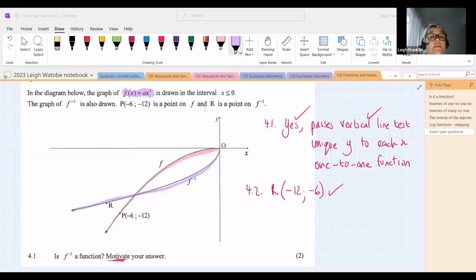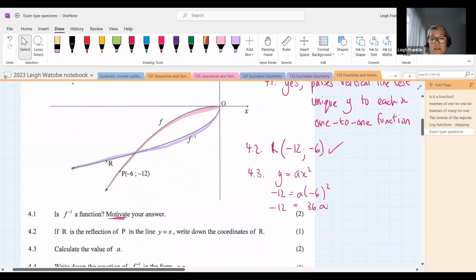Good, nice guys. So this is how we would have done that question. Everybody else, this is where your answers are coming from. We're going to sub in P because P lies on f. So f of x is y equals ax squared. So y is equal to -12 when x is equal to -6. That gives us -12 is equal to 36a.